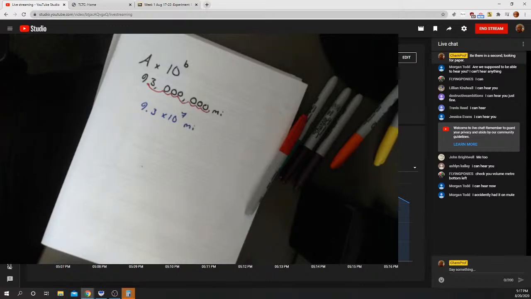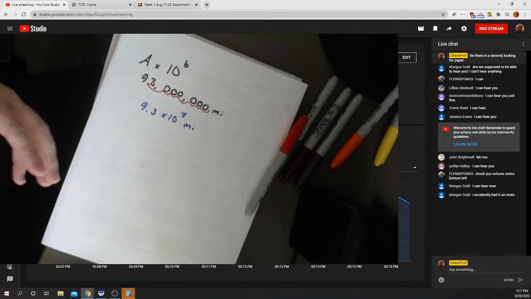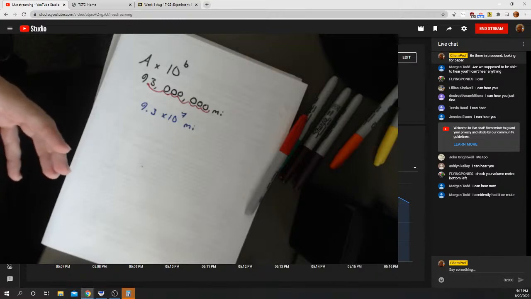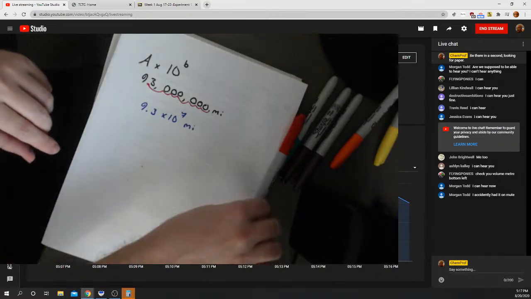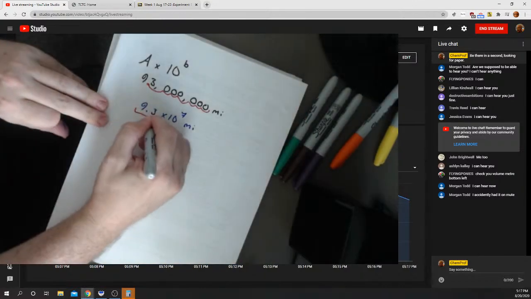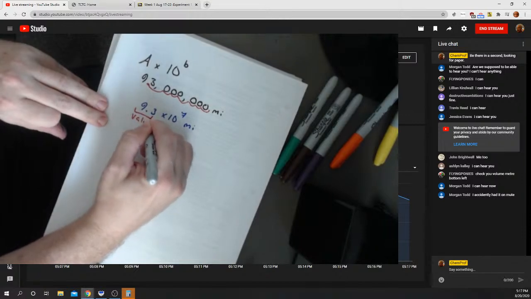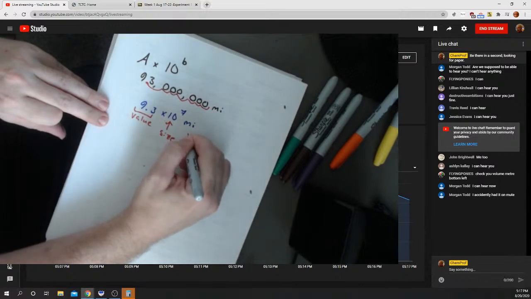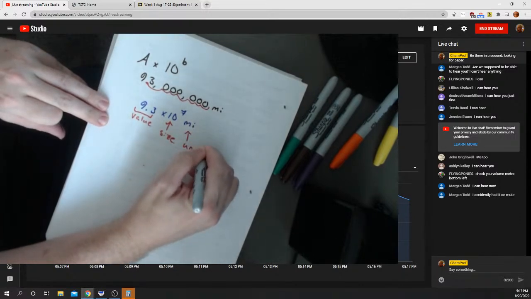Now, the reason we do this is because when it comes to the measurement, the size of the measurement is different from the value of the measurement. The actual value of our measurement is this guy right here. This right here is just the size, and then this is the unit.